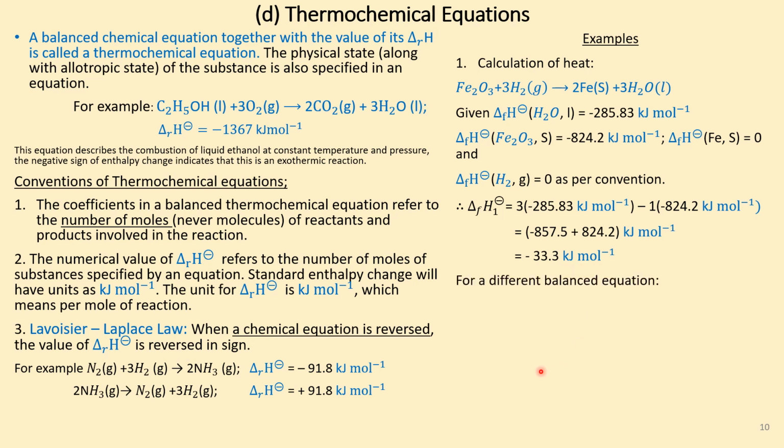Therefore, for a different balanced equation, we can write another equation by dividing it by 2. Half of Fe2O3 in solid state plus 3 by 2 H2 in gaseous state combine to form Fe plus 3 by 2 H2O. That is, we have written equation 1 in another form.